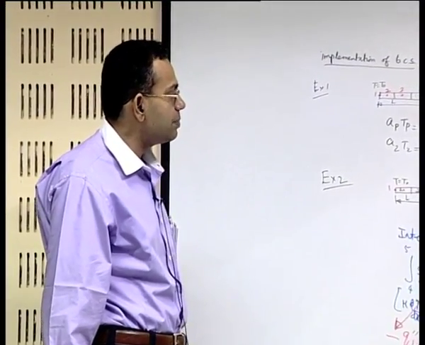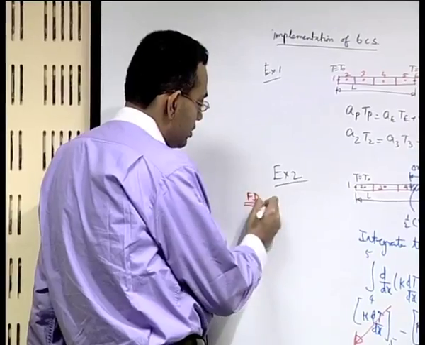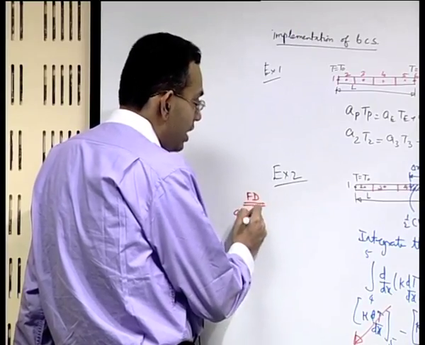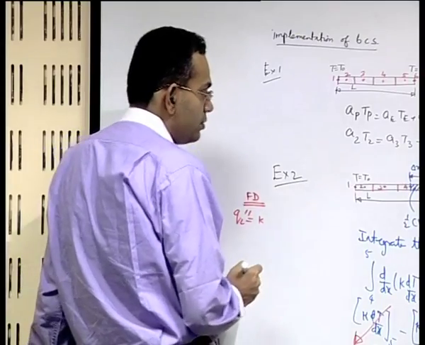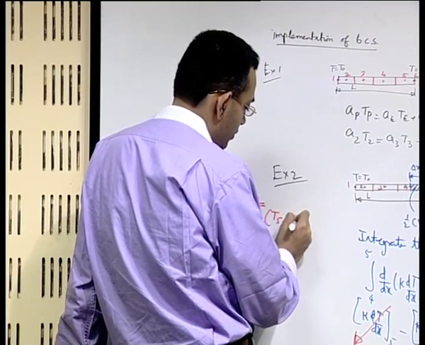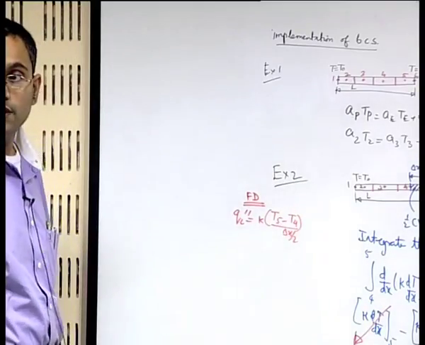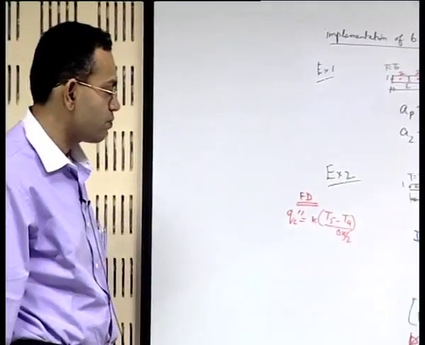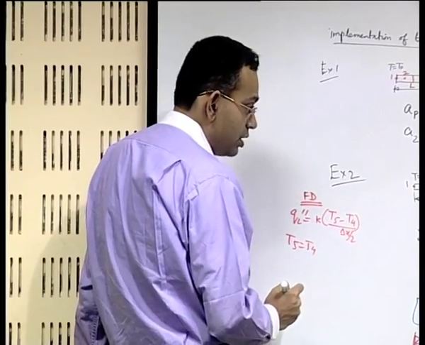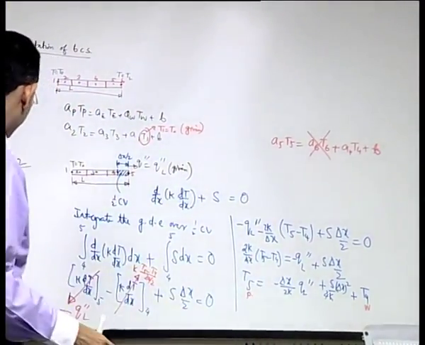So, in the finite difference based boundary condition often what we do? So, finite difference, we write the heat flux is equal to K into T5 minus T4 by delta x by 2, that is what we write. Okay. So then it becomes T5 equal to T4, maybe somewhere we had made a mistake here in the plus minus sign, that we need to check.